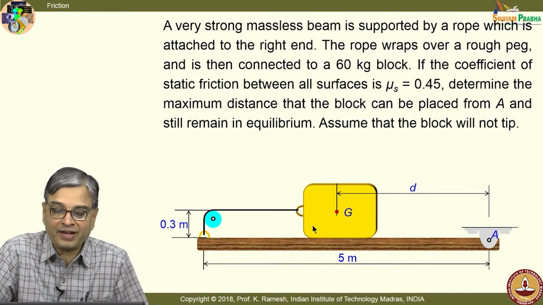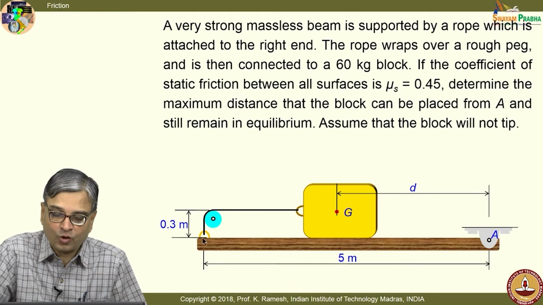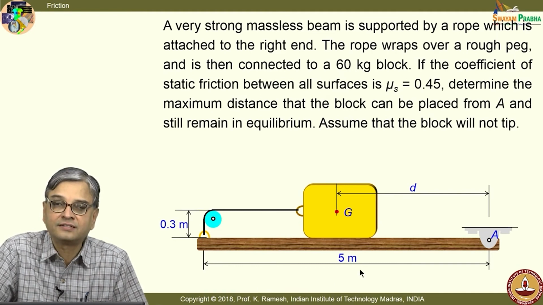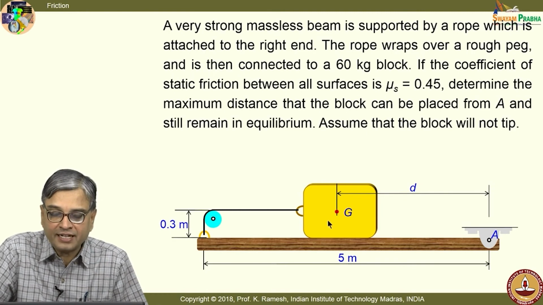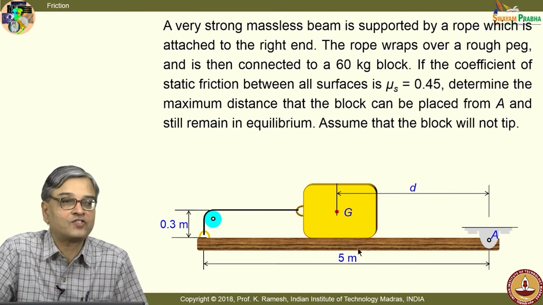Can I keep it there where the motion is impending? That's what is implied. If the block goes further and further, the whole beam can fall down. If it is towards A, then it can remain horizontal.